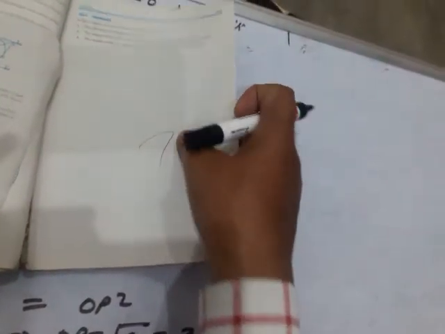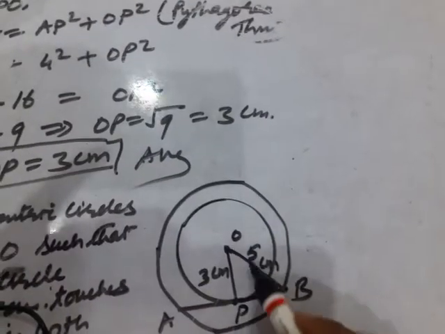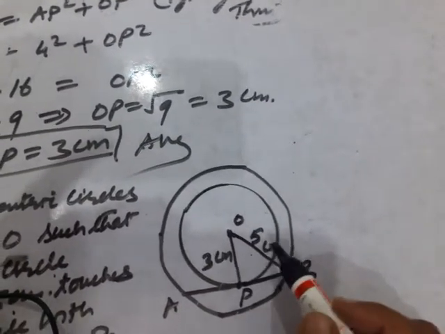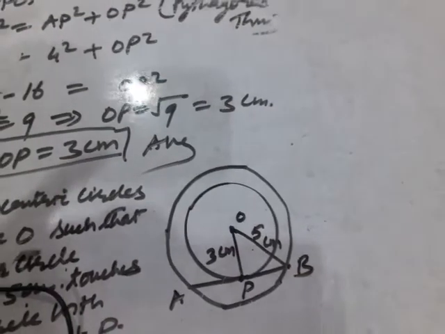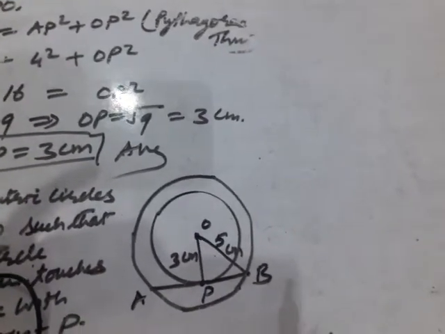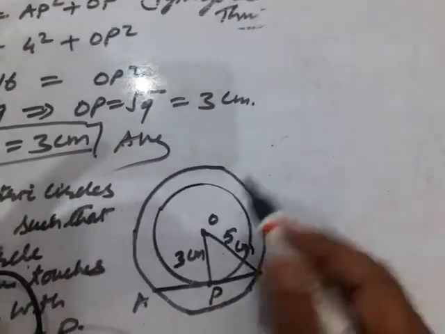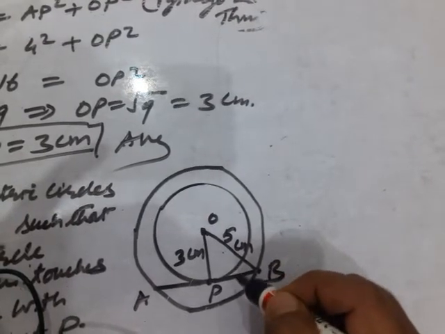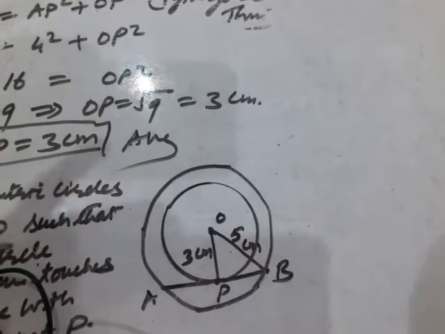Let us see, children. This is your question number 7. See, the figure is in front of you, children. You know that by theorem 10.1, the tangent at any point of a circle is perpendicular to the radius through the point of contact.